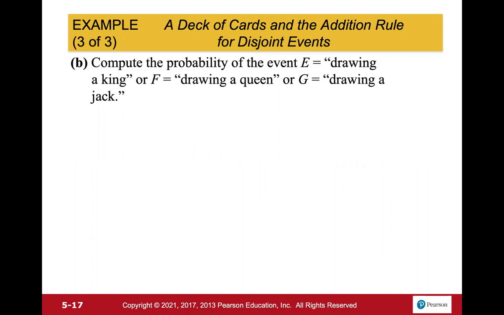All right, B, compute the probability of event E, drawing a king, or event F, drawing a queen, or event G, drawing a jack. So looking at the probability of E or F or G, this is the probability of drawing a king or drawing a queen or drawing a jack.